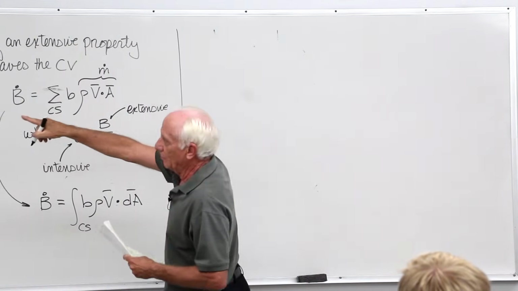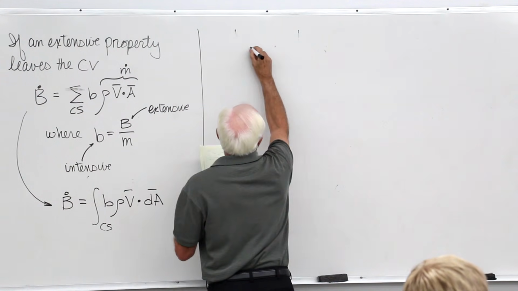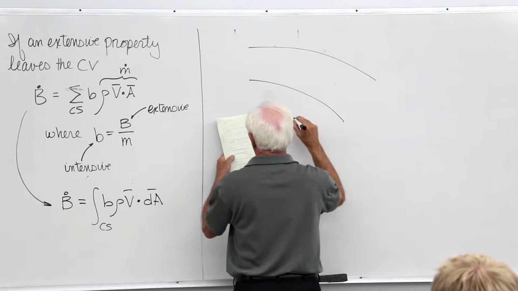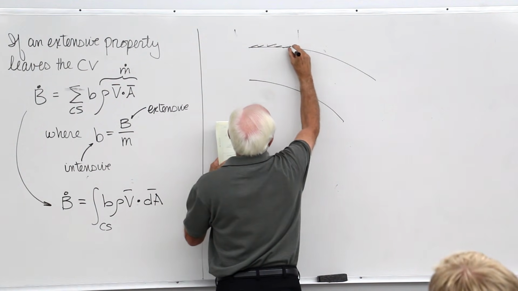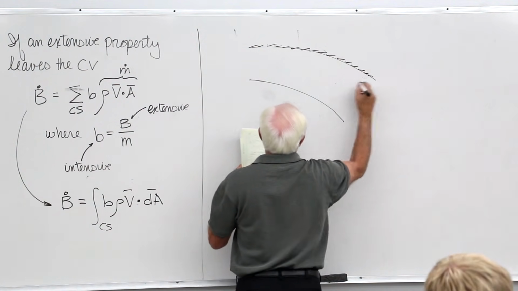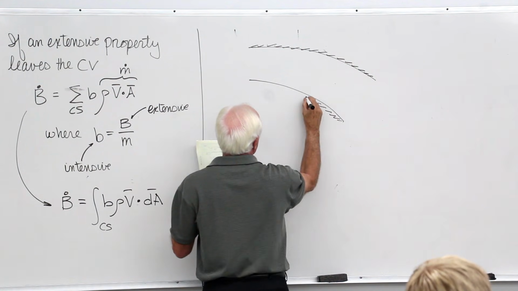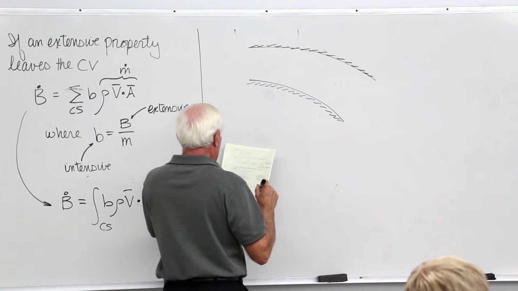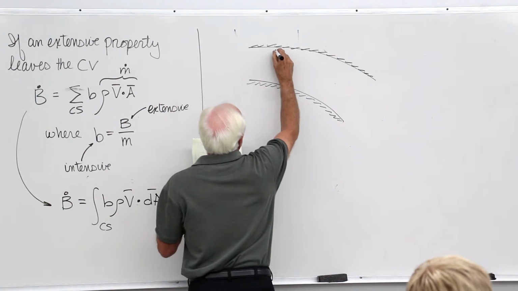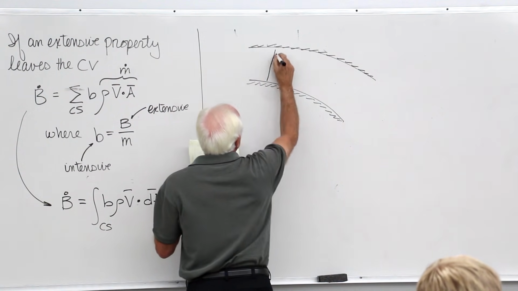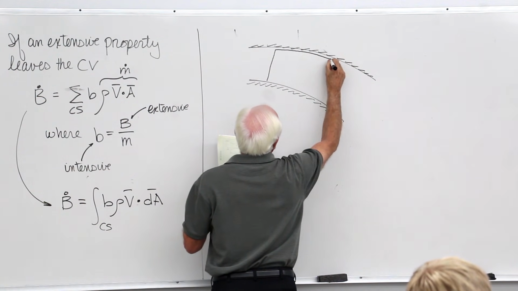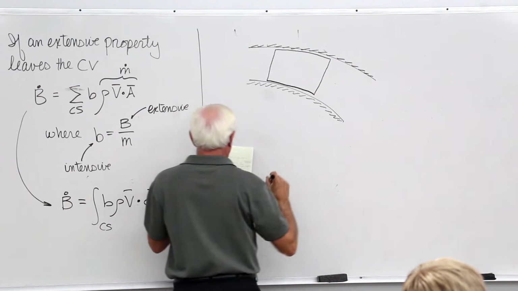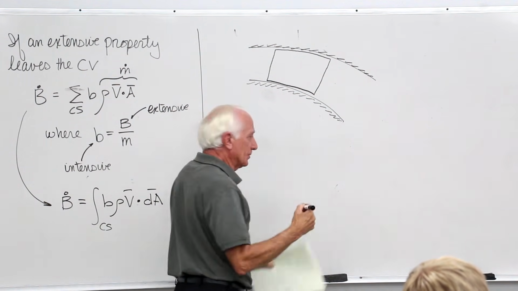All right, let's draw our picture one more time. I'll change it a little bit. A flow passageway. I'll draw the solid line here now. What's inside the solid line?